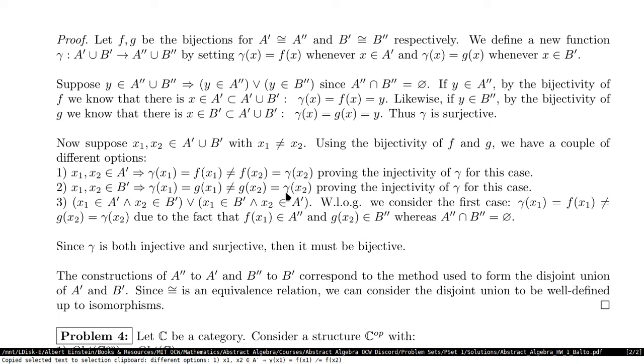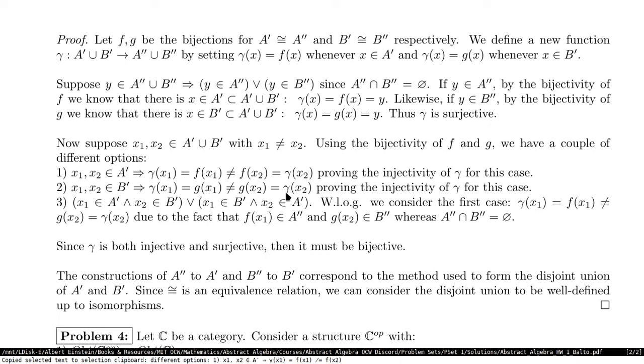So gamma of x1 is equal to f of x1, and that is not equal to g of x2, due to the fact that f of x1 is in A double prime and g of x2 is in B double prime, and they are two disjoint sets.